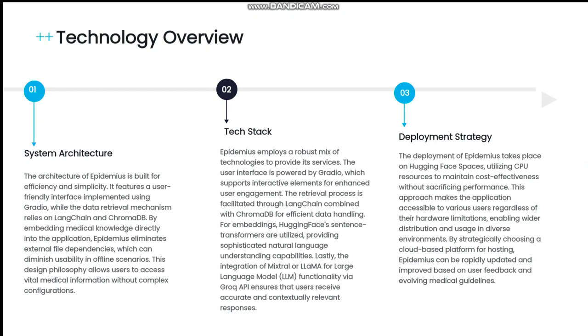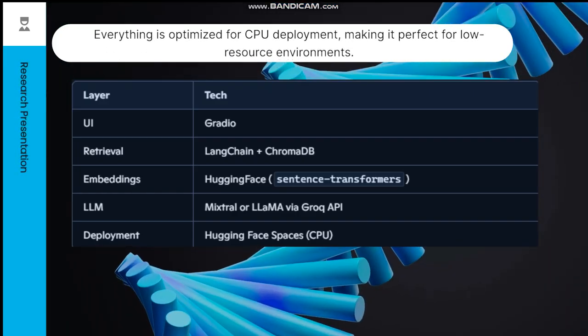This is the technology overview in front of you, and as this presentation is already attached with my form, you can read it. Let me go with the tech stack. Everything is optimized for CPU deployment, making it perfect for low resource environments.